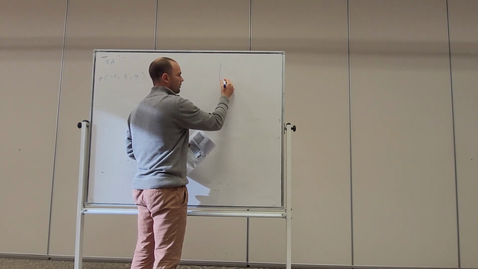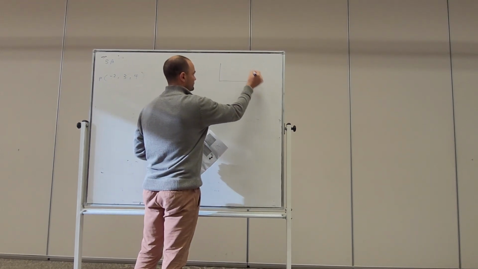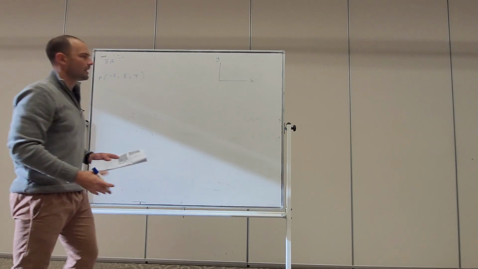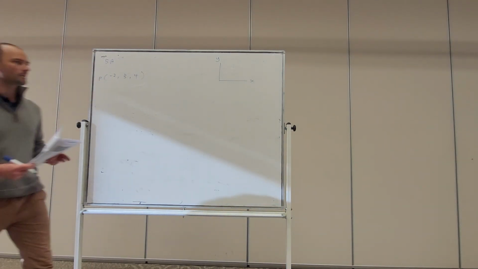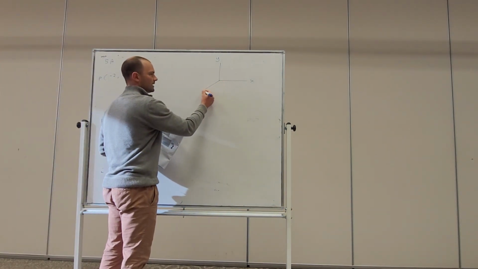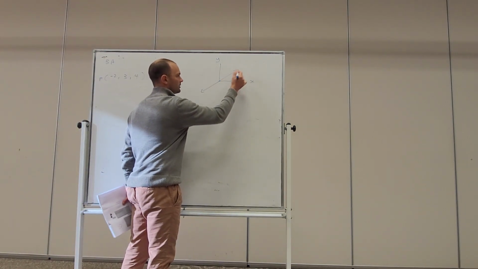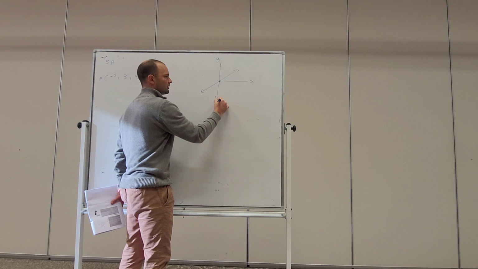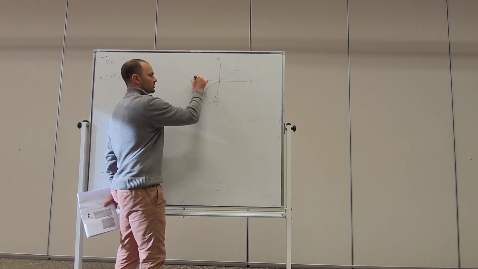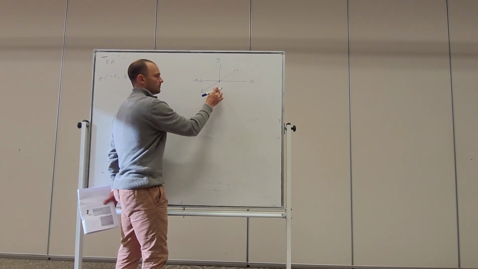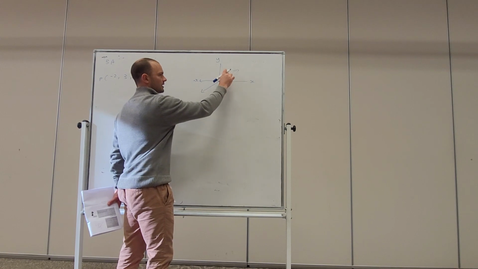3D space. So what we'll do is we'll just have x and y that we're familiar with. And then z is sort of coming out of the page. So we'll have positive z coming out here off the whiteboard and negative z in that direction. We have negative y in this direction and negative x in this direction. And if it helps, you can make the negative ones dotted.